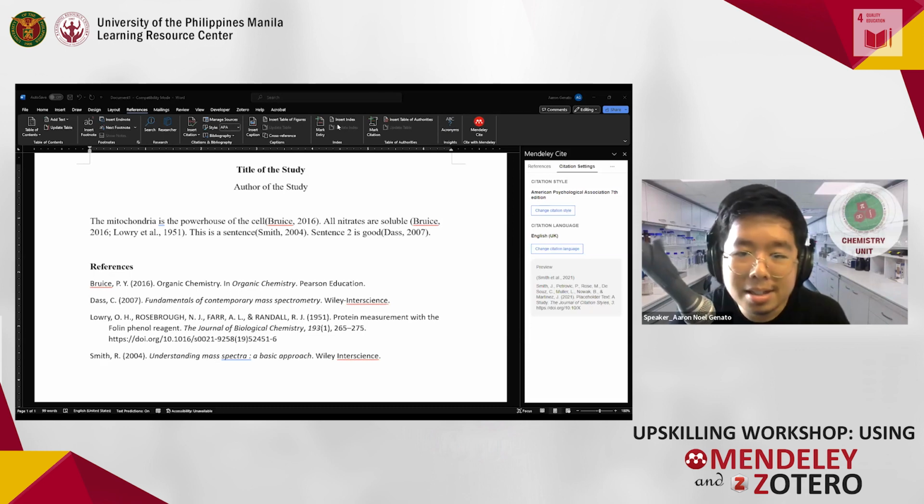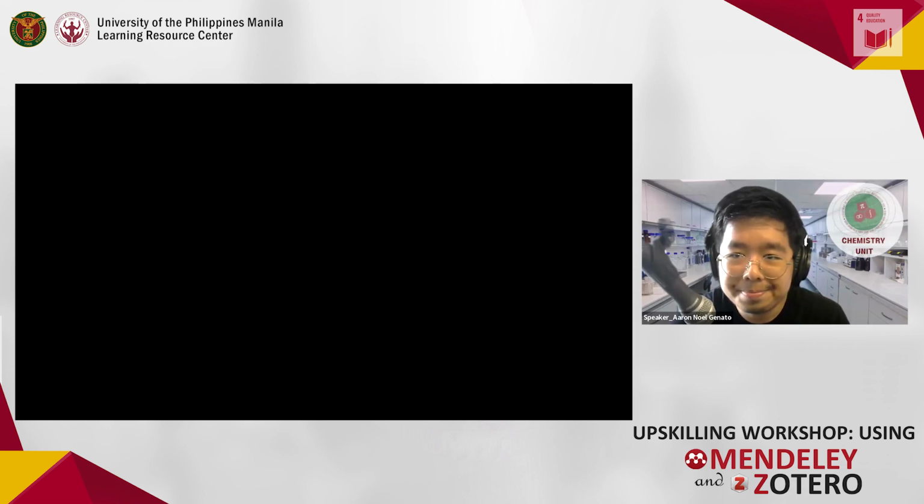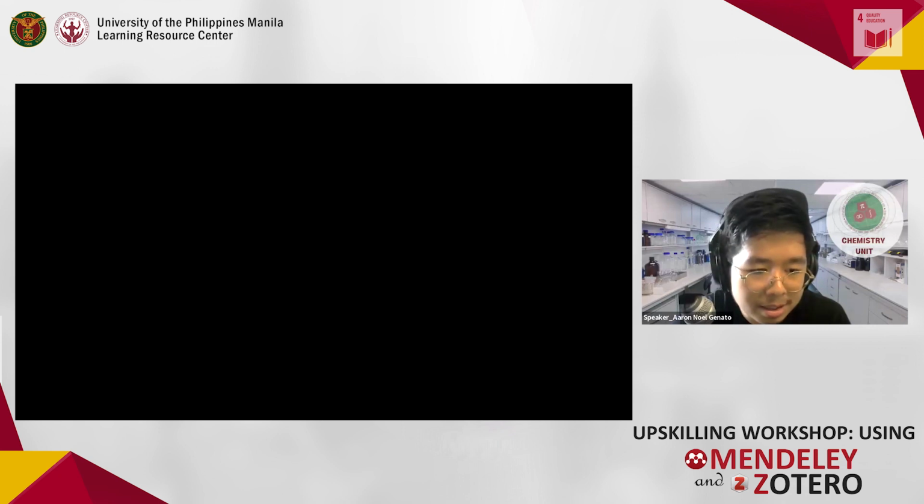Okay. A participant asks, is it possible to upload PDFs of articles that have been sent to you outside or having gotten it from a website? Yes, you can. Okay, so let me try to demonstrate that now. I'm not sure if I have an article I can download right now. Let me see.